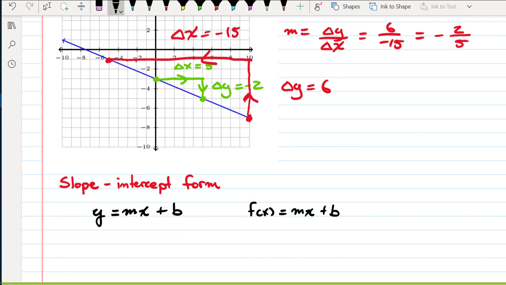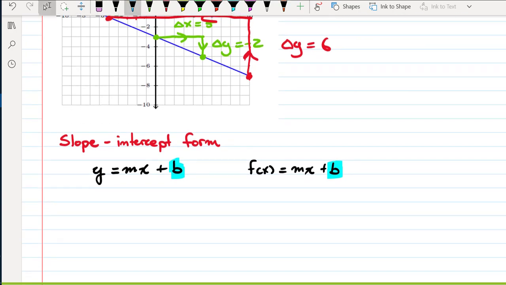And in either case, our b value is going to be the y-coordinate of the y-intercept.